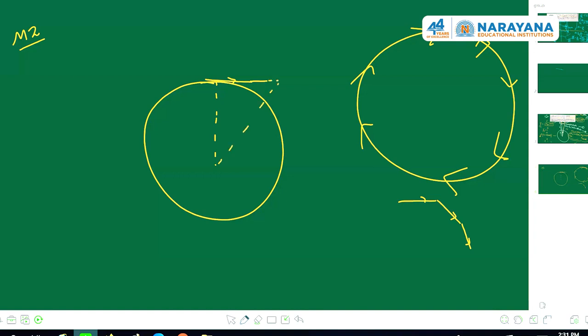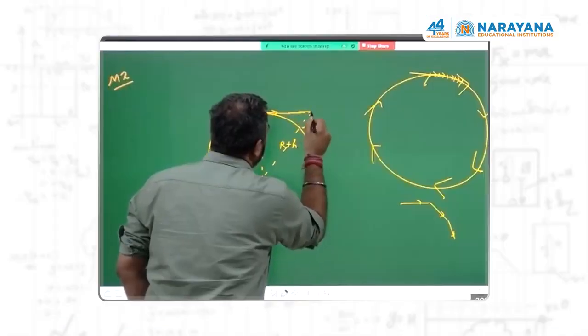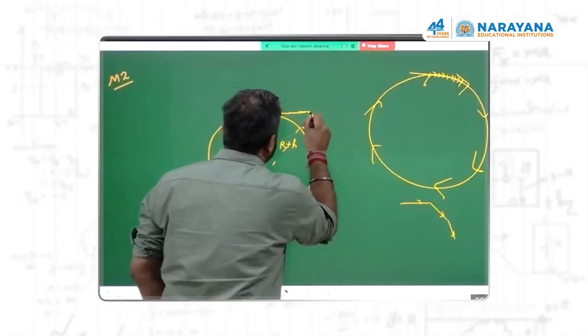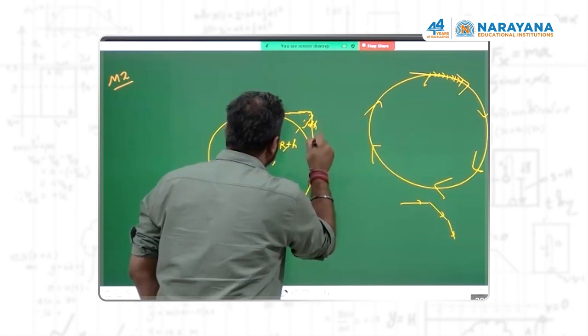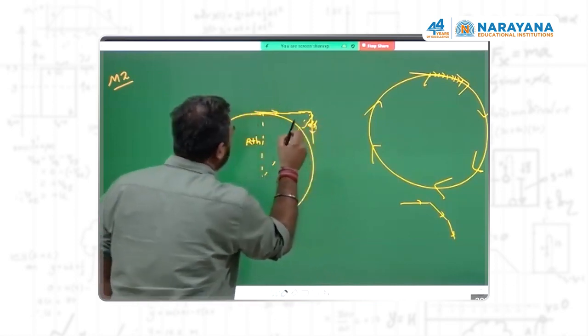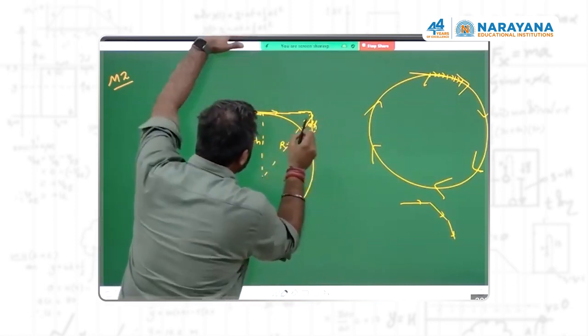So if this height was, let's say, r plus h, and this radius is r plus h, this is also r plus h, and I've moved out, I went to this place, this guy is, let's say, dh, and I reached here, and reflection happens, right? Reflection happens here. So now the point is clear, na?